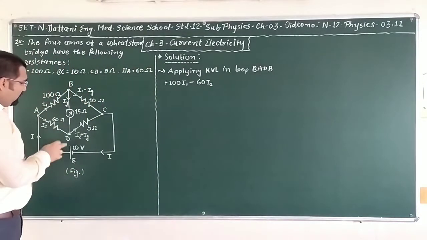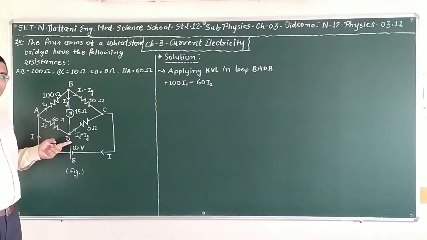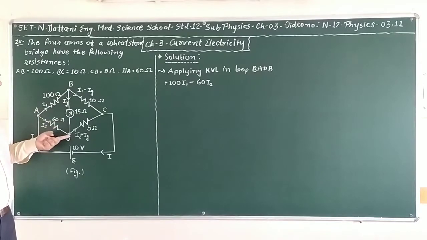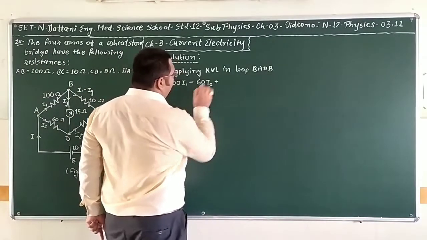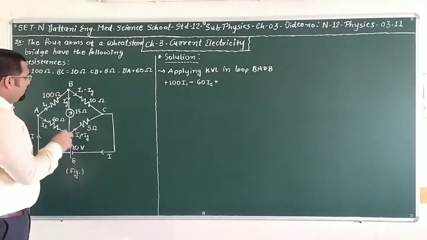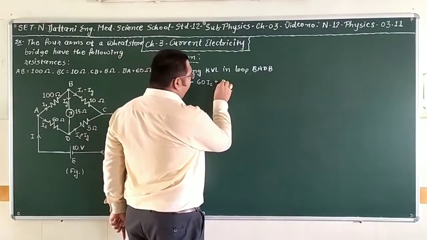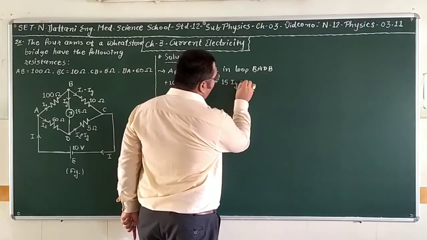Now we will go from D to B. Here the direction of our traveling is upward and the direction of current is downward, so we can take a positive sign, and the current Ig into 15, that is 15 Ig.